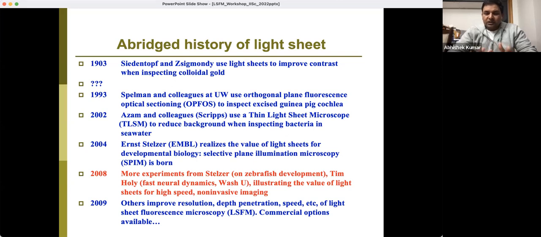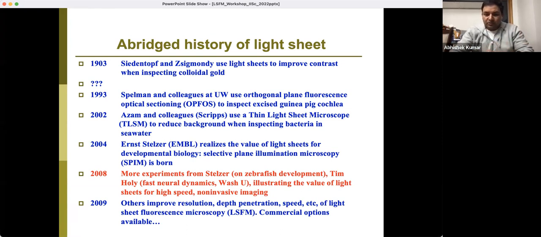Around the same time, fast sCMOS detectors for imaging came onto the market, and that has enabled us to push the limit of imaging as far as speed is concerned, and you can get a large chip.